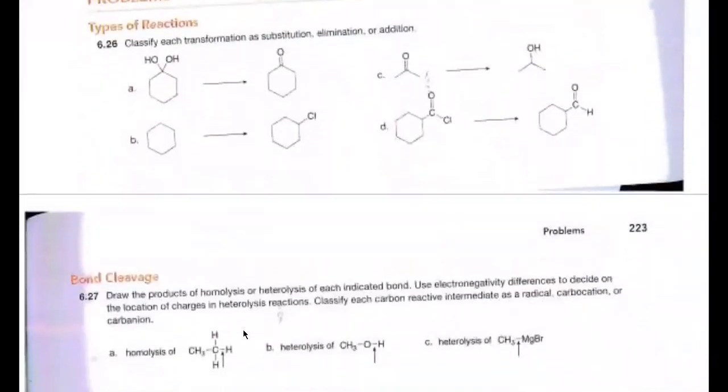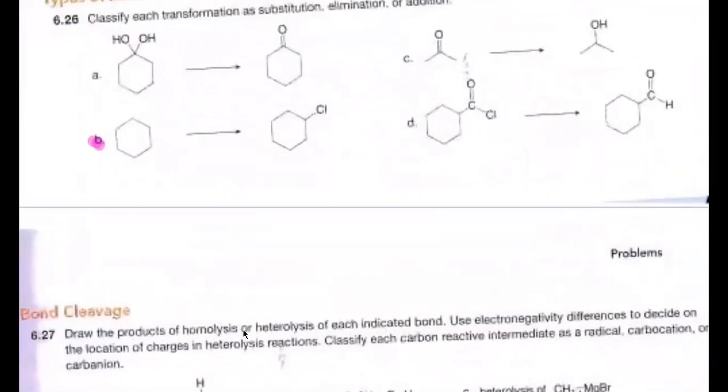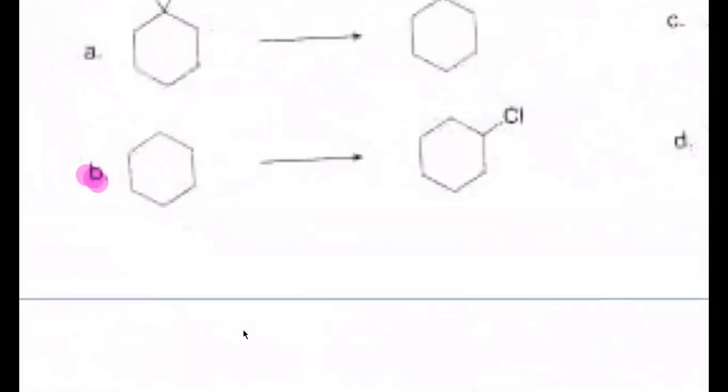So let's look up top, and let's look at B first and see what type of reaction happens. So let me put some hydrogens on B. All right. And what do you think happened? Let me put some hydrogens over here.